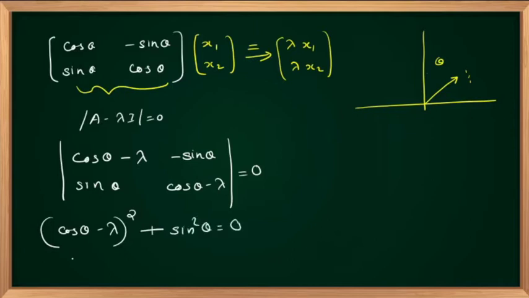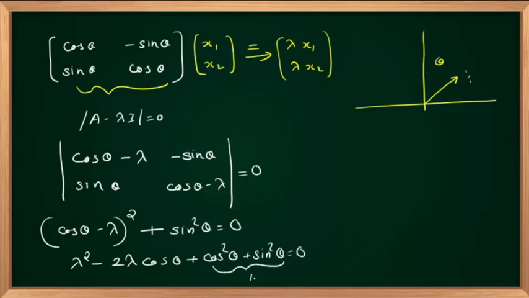That gives lambda square minus 2 lambda cos theta plus cos square theta plus sin square theta equal to 0. Since cos square theta plus sin square theta is 1, the equation is lambda square minus 2 lambda cos theta plus 1 equal to 0.